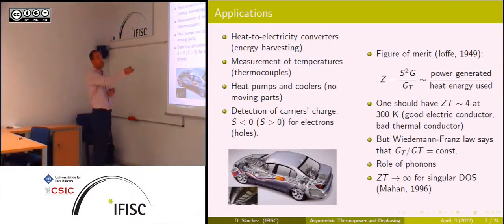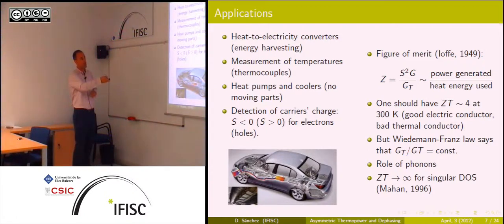So this G is in reality the sum of two thermal conductances, one from the electrons and one from the phonons. So you need a good electric conductor, a bad thermal conductor, and you must try to suppress the phonon contribution to the thermal conductance. This can more or less be done using interfaces and nanostructured materials.